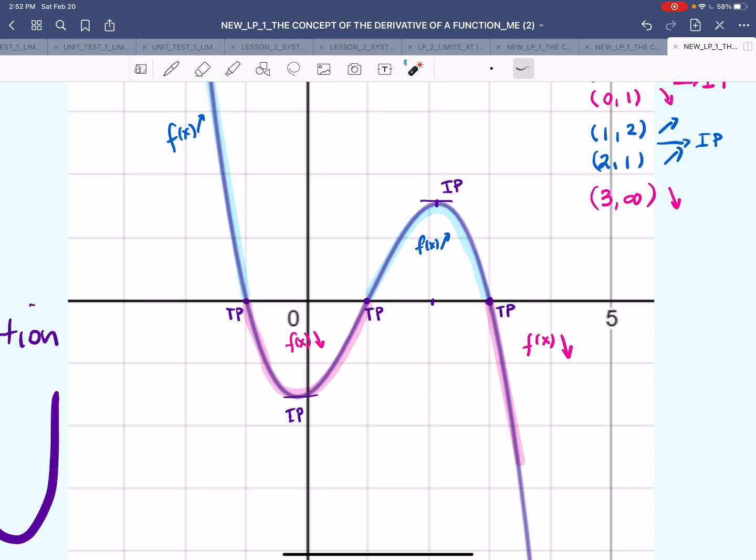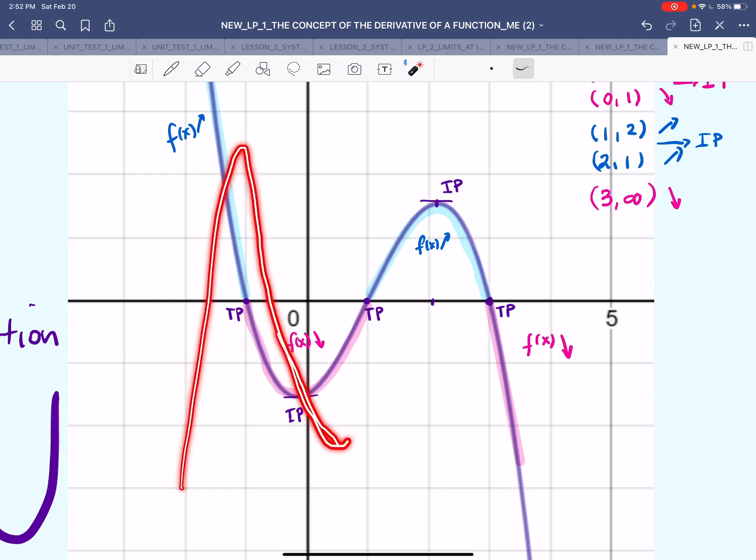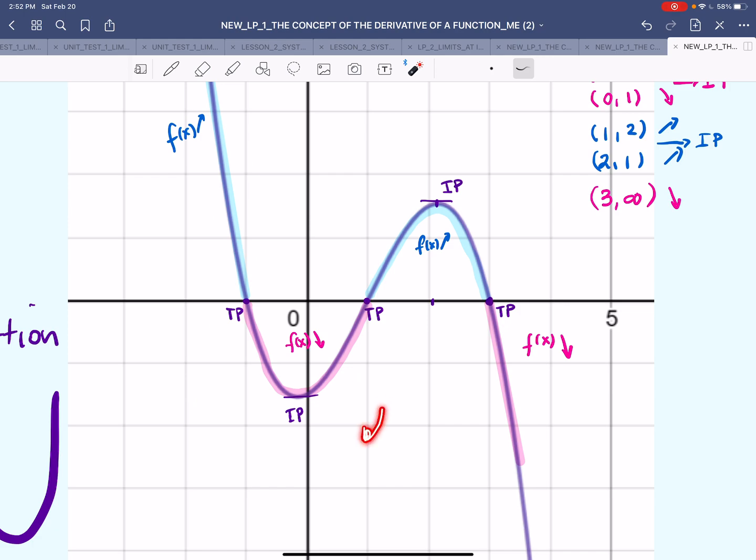I'm going to say we have an increasing function making a turning point here, and then making an inflection point here, deciding to come up at this point, making a turn right here, and then it will go all the way into the positive, so it starts increasing here, all right?